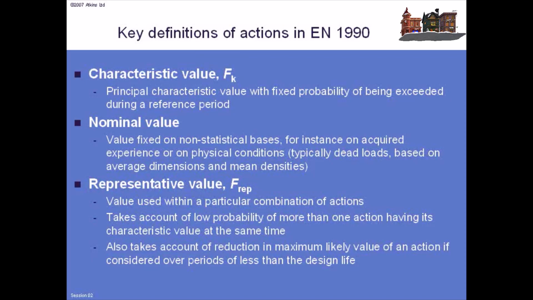It's used to take into account the fact that if you have lots of actions all applied together, they won't necessarily all be at their characteristic value at the same time. It just isn't going to happen on a sort of probability basis. You're not going to get wind and temperature and traffic all with their 5% fractile value for 120 years acting at the same time. So FREP basically takes account of that, and in combinations reduces the value of the loading, or the action, that you actually use.